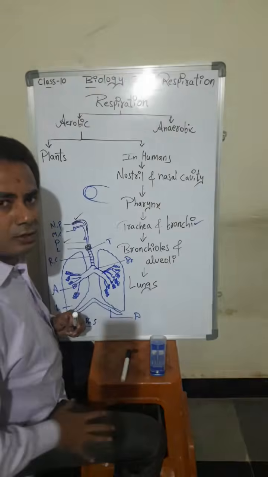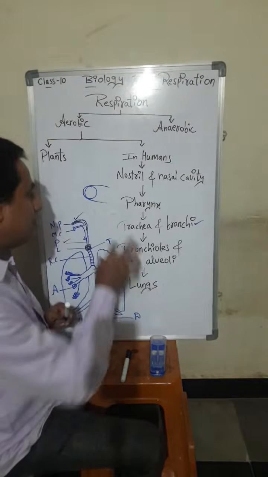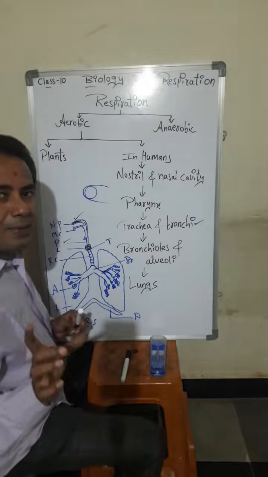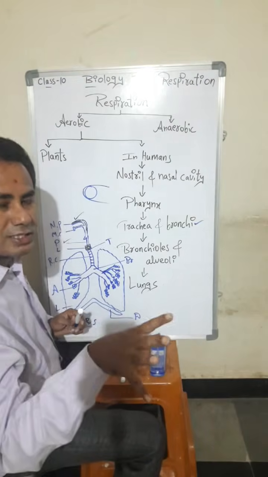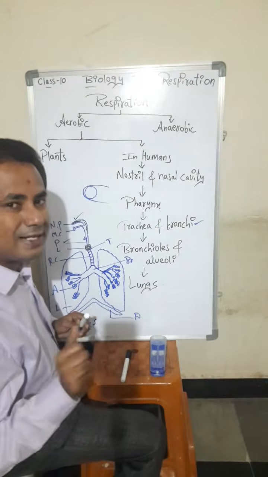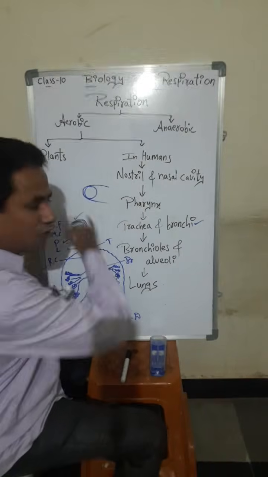Arteries are very big compared to capillaries. Veins are also big, but capillaries are very thin. Where the capillaries are, between the cells, where it is giving oxygen or taking carbon dioxide, there the capillaries will be. So around the alveoli there are a number of capillaries.